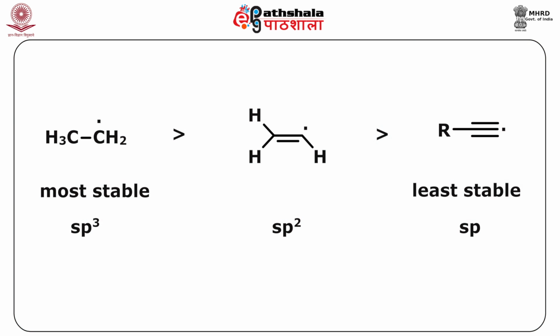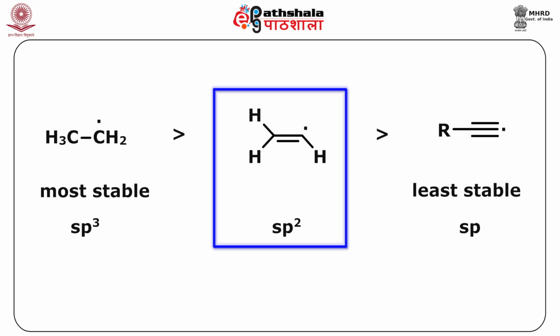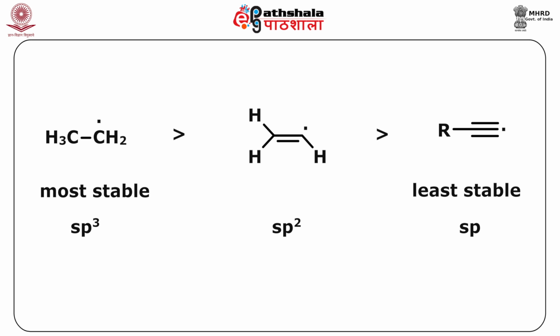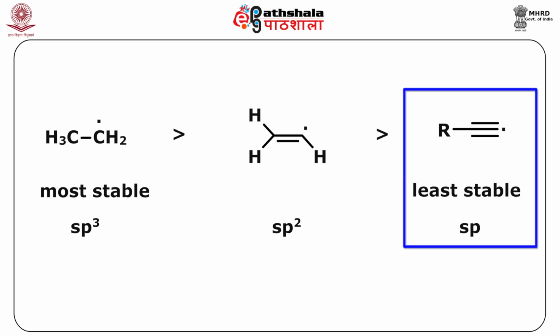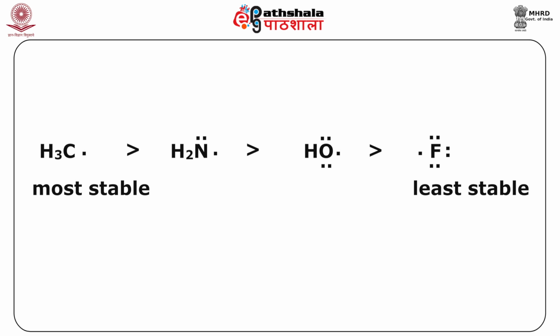So, as you can notice here, this radical where the carbon is sp3 hybridized is most stable, followed by this carbon which is sp2 hybridized, and followed by this carbon which is sp hybridized, which is the least stable. Across a row of the periodic table, free radicals decrease in stability as the electronegativity increases.